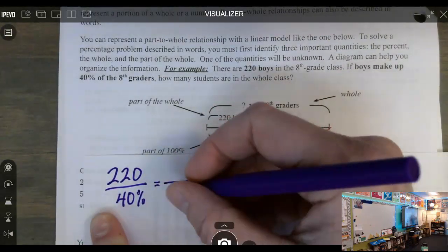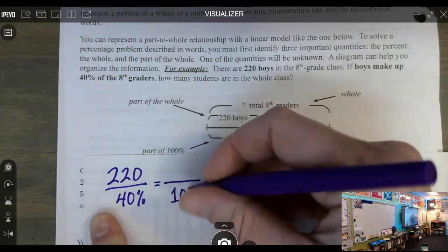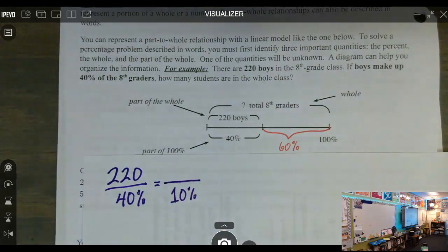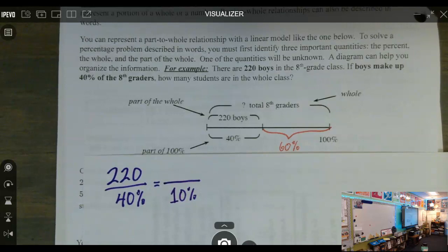Guys, there is a method that my classes have developed over the past couple of years that we just nicknamed the 10% rule. Because if I can find 10%, I can find pretty much anything else. So any situation we're given, we should ask, can I figure out the 10%? And we should be able to.